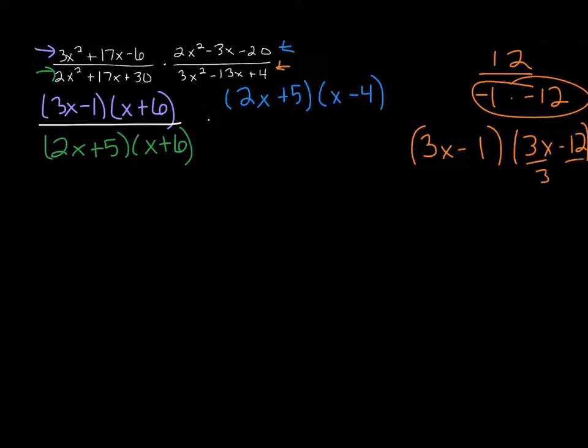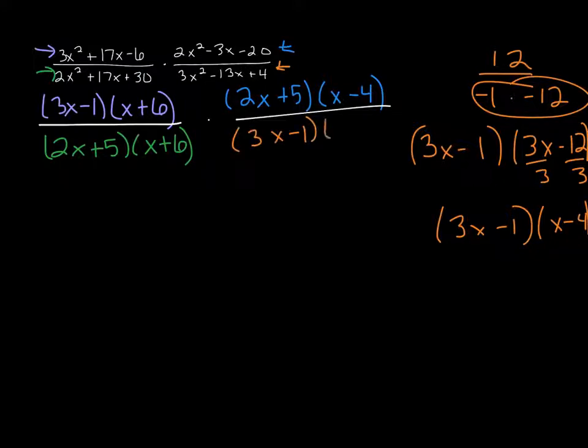These can both be divided by 3. So 3x minus 1, x minus 4. Alright, let's put that in our fraction. 3x minus 1, x minus 4.